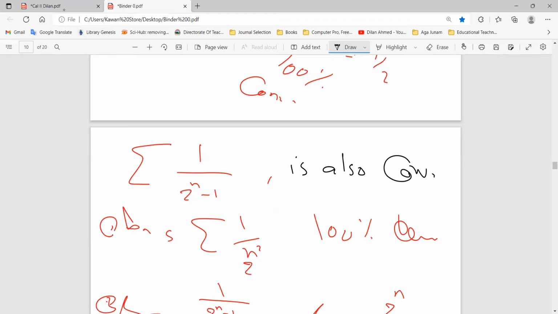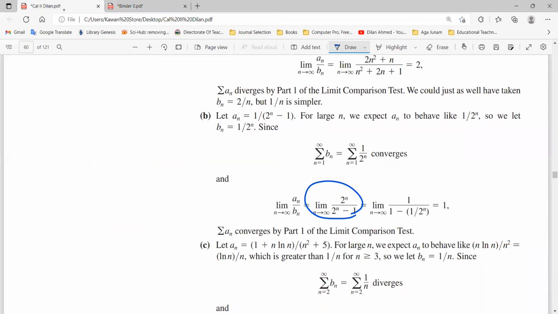Understood? It's a little bit clear, right? How to bring Bn: I'm thinking about a P series, mostly, but there are some cases where we bring a geometric series. How? By distinguishing like that. You got it?